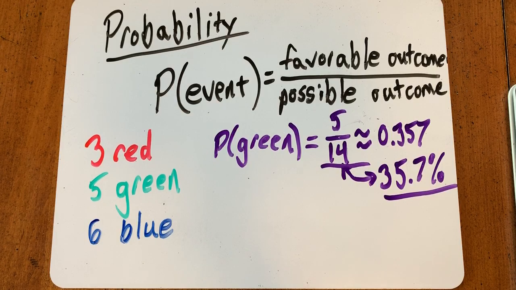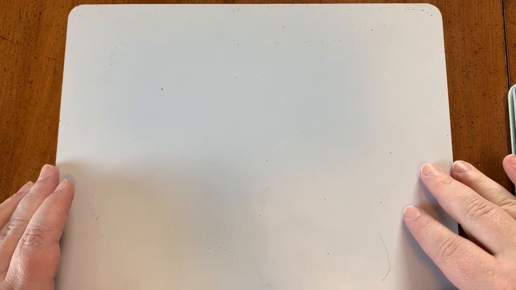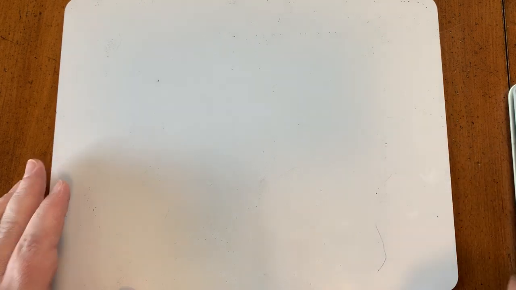All right, so that's general probability. With geometric probability, instead of objects or general events, the events are specifically points in a geometric figure.